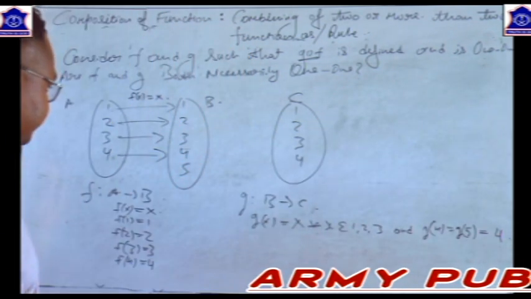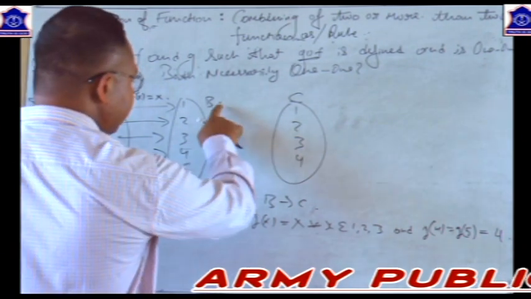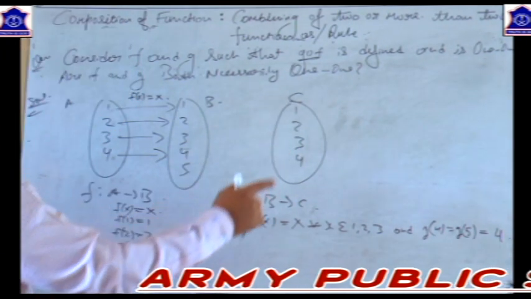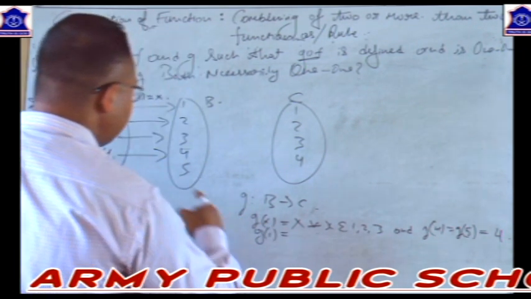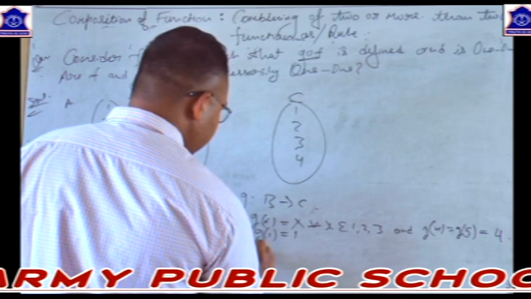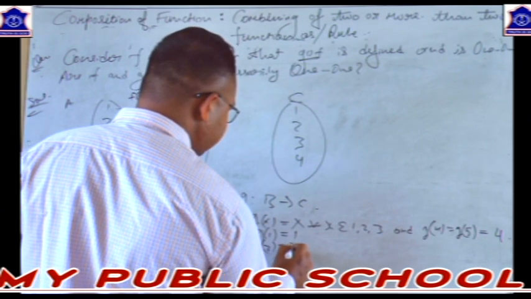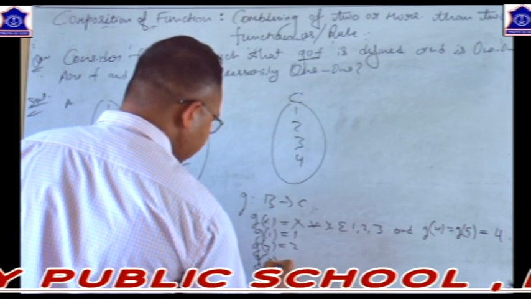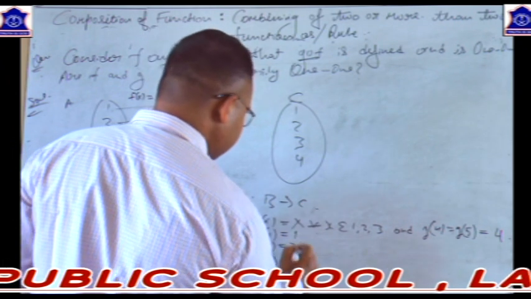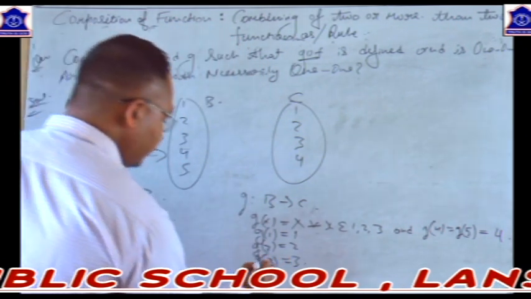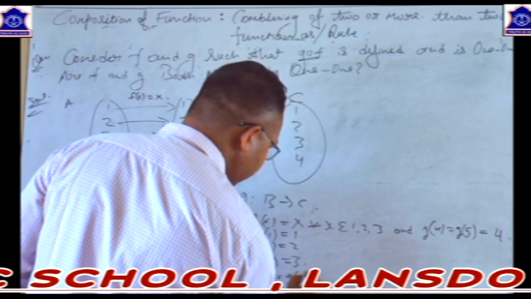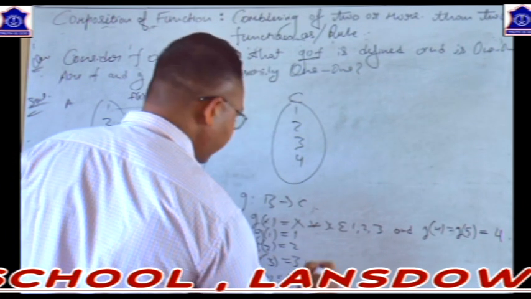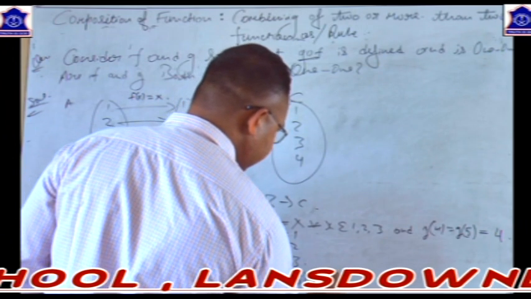इसको समझिए. Okay, g(x) is a function from B to C and g(x) equal to x, यानी कि g(1) is equal to 1, g(2) equals 2, g(3) equals 3, and g(4) equals g(5) equals 4.